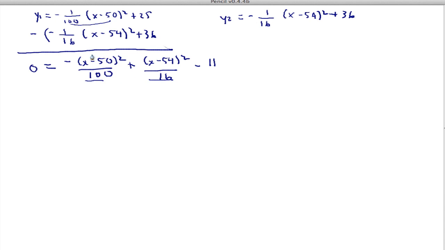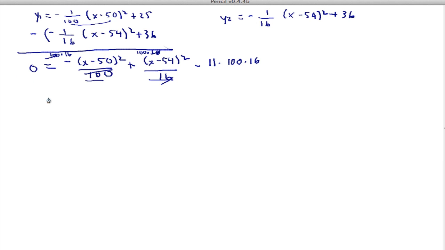And then the first step is we need to get rid of the denominator. So we're going to multiply all three terms by 100 times 16, which will cancel this 100 out, and this will cancel out the 16, because it always makes life easier to get rid of the fractions.